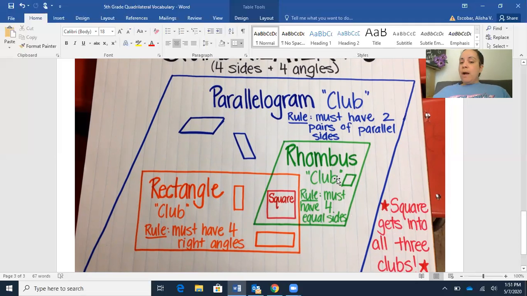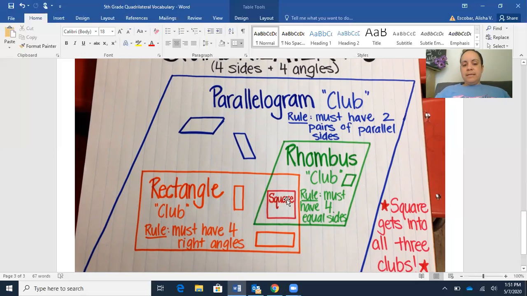But a rhombus is not a square because a square has four right angles. A rhombus does not have four right angles. This is not a right angle because it does not make an L shape. It makes more like a V shape.